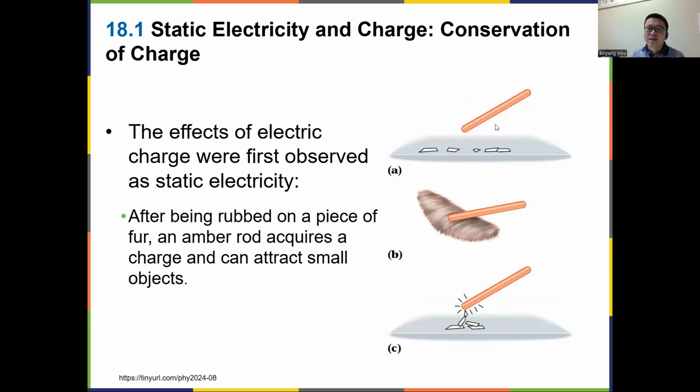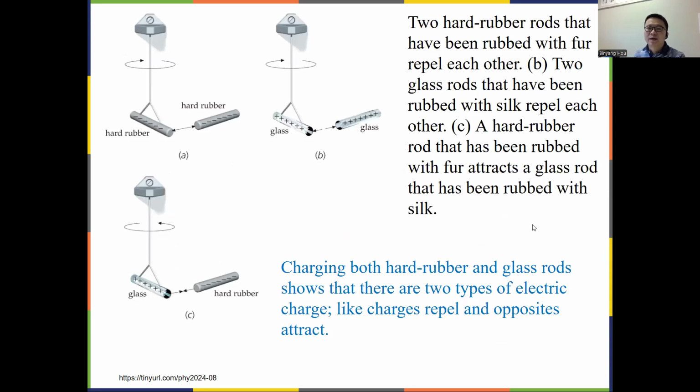Before you do that, the rod does not have charge on it, so you couldn't do that. But after you rub it against the fur, then you can pick it up. Fundamentally, it's because there's charge on the rod. Similarly, you can do some demos if you are teaching a science class to kids.